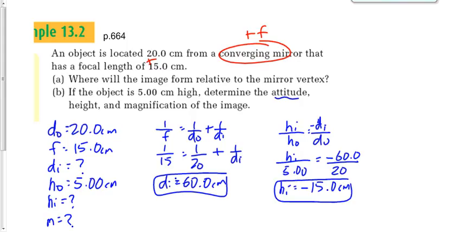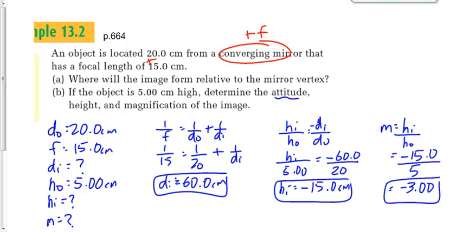And then finally, the magnification. Now we can say HI over HO, or we can say negative DI over DO, either one. Negative 15 over HO of 5, and that's going to give me a magnification of negative 3.00. Sometimes you see a 3.00x or 3.00 times the size of the object, but let's leave it like this.